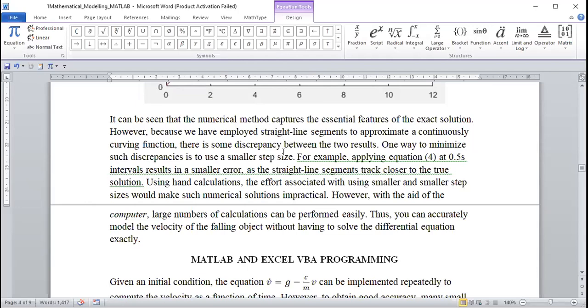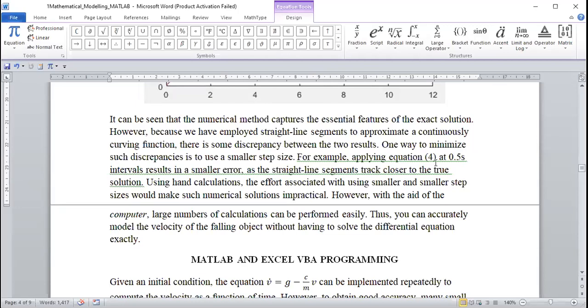And for some models you cannot even get the exact solution. Sometimes you don't even have to bother yourself with the analytical solution, because getting it is tedious. So we have to opt for the numerical solution. So we know that it's better for us to use the numerical solution.